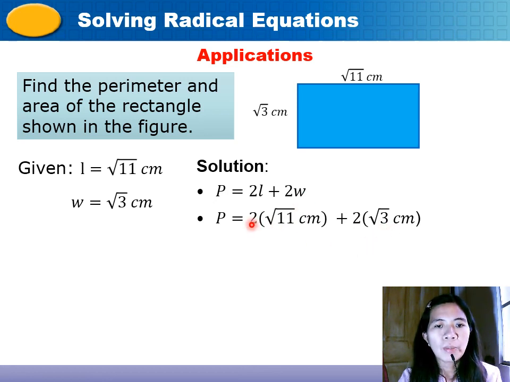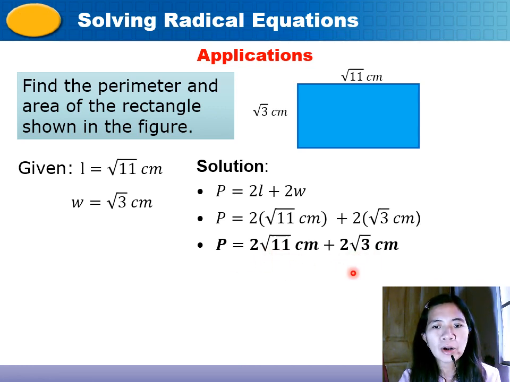So multiply this by 2. So we have 2 times square root of 11 centimeters plus 2 times square root of 3 centimeters. Since they are not similar radicals, we cannot combine them. So this is our final answer.